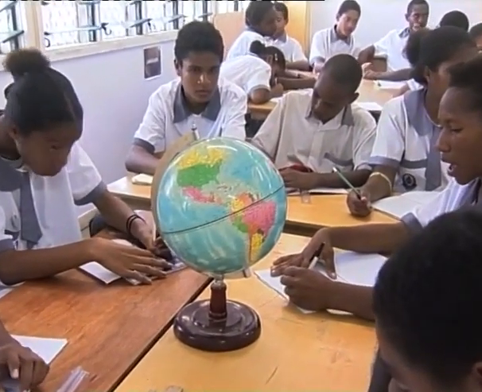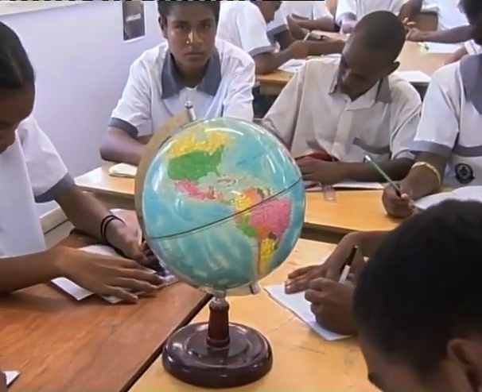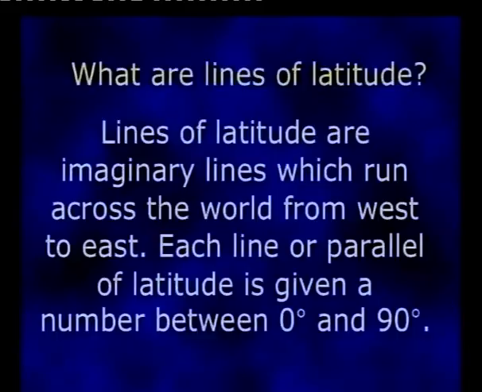Your definition for lines of latitude, class, reads: lines of latitude are imaginary lines which run across the world from west to east. In other words, you can say parallel lines. They are parallel to each other.